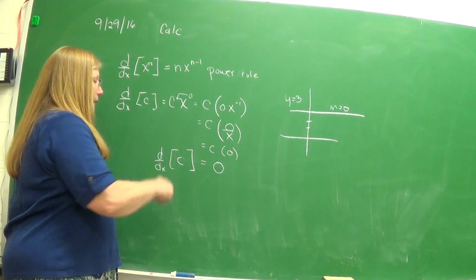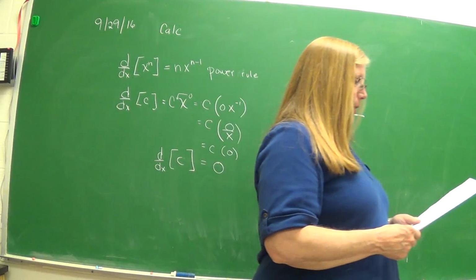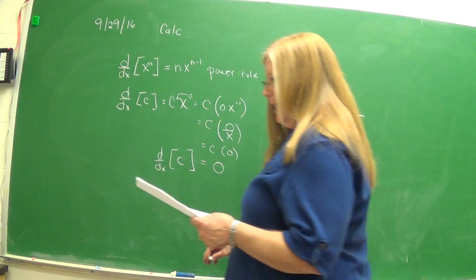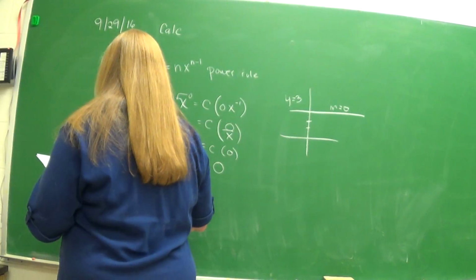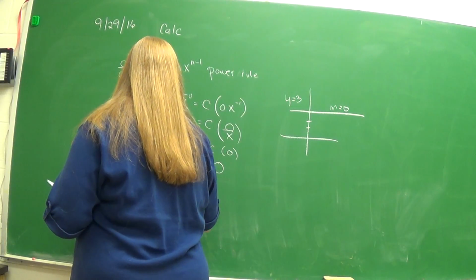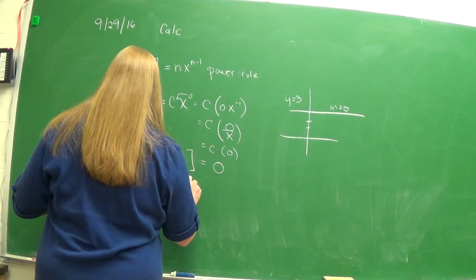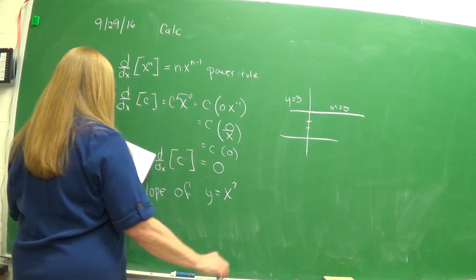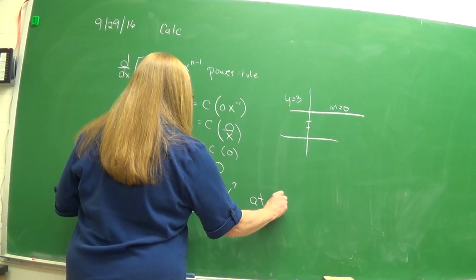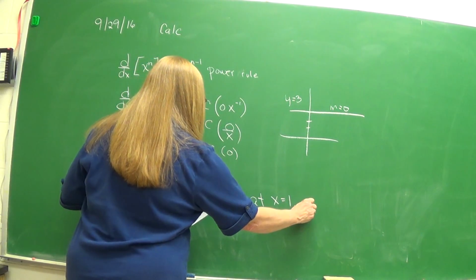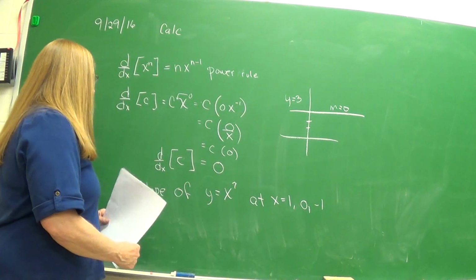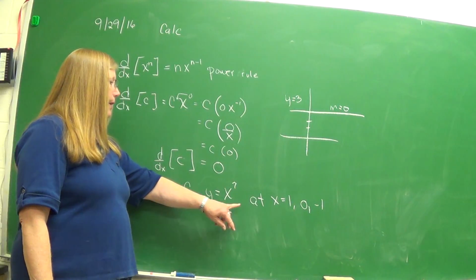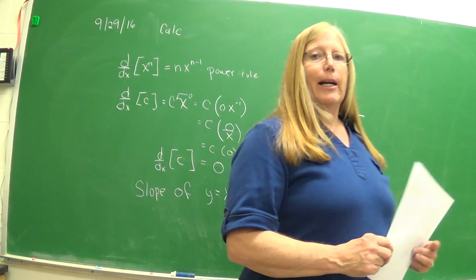Alright, this is sort of how the thinking goes. So let's look at another one. How about y equals x to the 7th? I want the slope of that curve at x equals 1, at x equals 0, and at x equals negative 1. So I'm looking for 3 different answers. What's the slope of this curve when x is 1, 0, and minus 1?